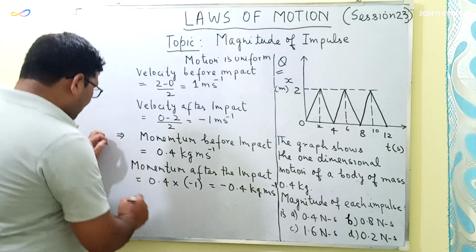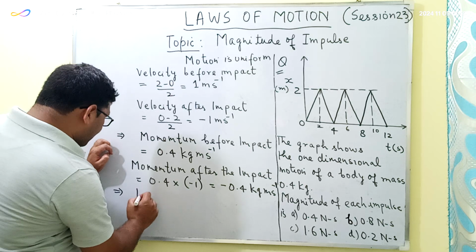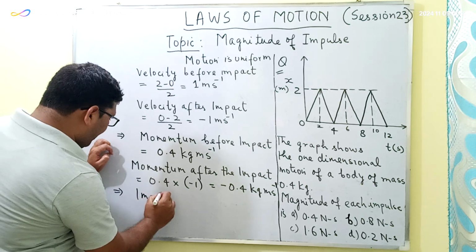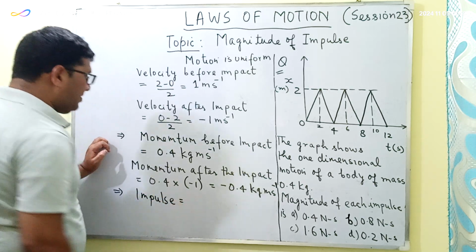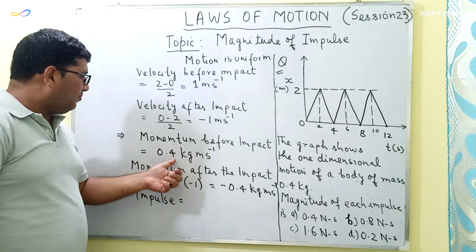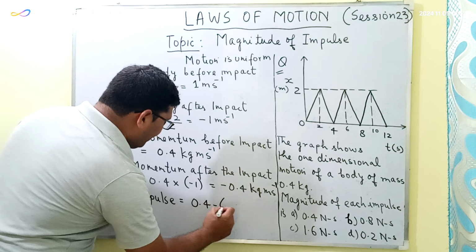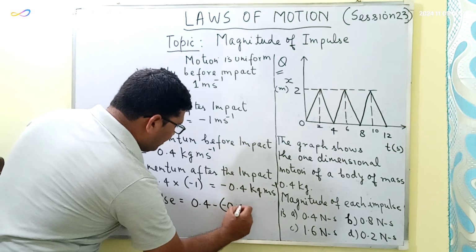So from here we can easily find the value of impulse, because impulse is equal to the change in the momentum. So the change in the momentum will be equal to the momentum before the impact minus the momentum after the impact.